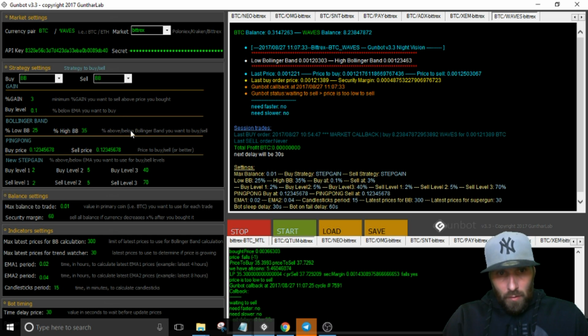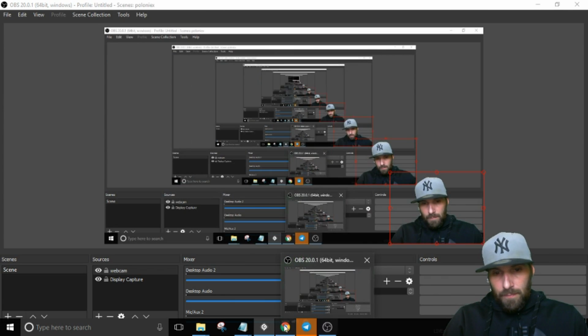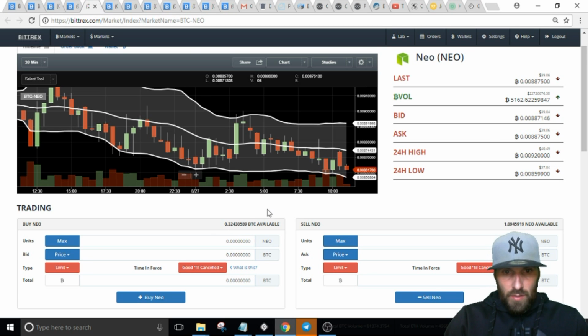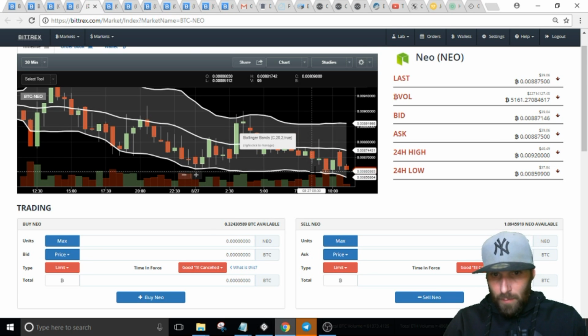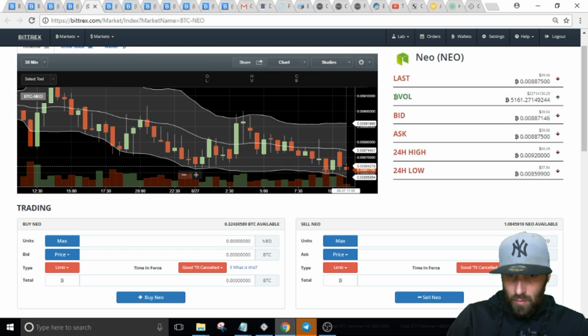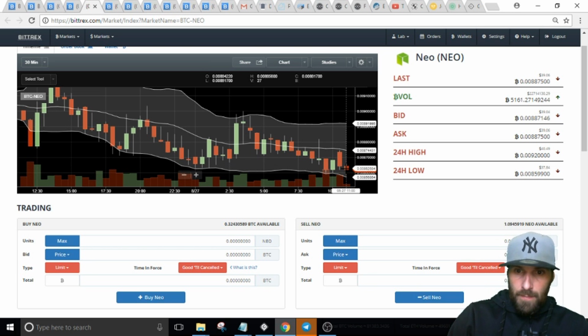Percentage above Bollinger Band, you would think above, that's at the top. Wrong. So 25% above the lower Bollinger Band. You set that. So right about here, it should buy.